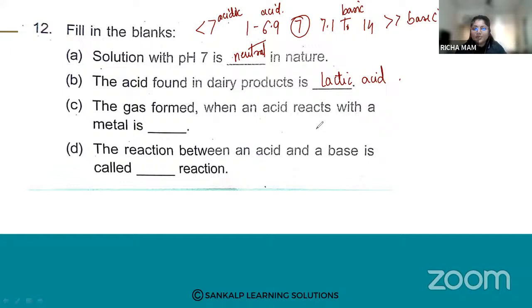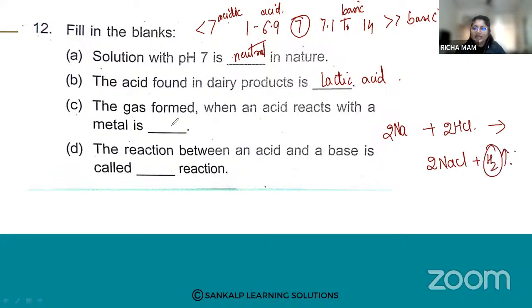The gas formed when an acid reacts with a metal is. So which is the gas which is formed when an acid reacts with metal? Okay, suppose I take Na as a metal, and it is reacted with an acid. 2Na plus acid gives you 2NaCl plus H2 gas.